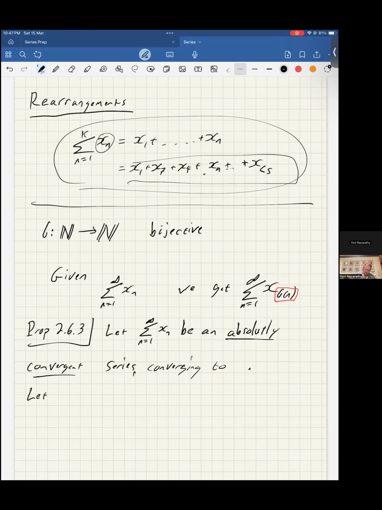Let sigma, natural numbers to natural numbers, be a bijection.